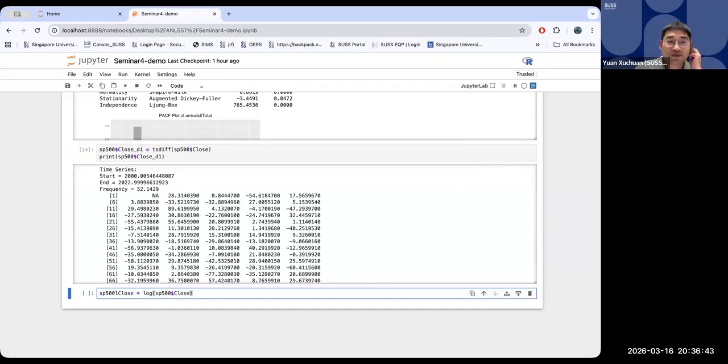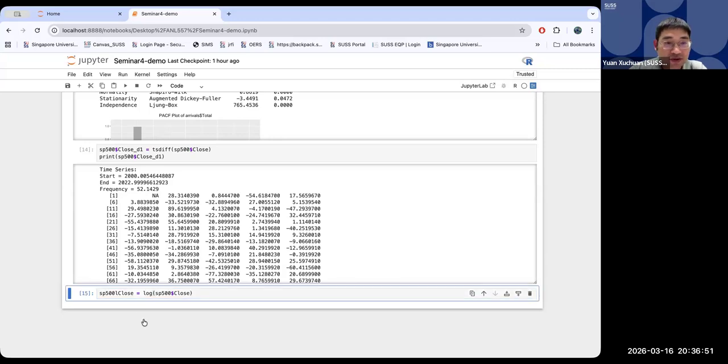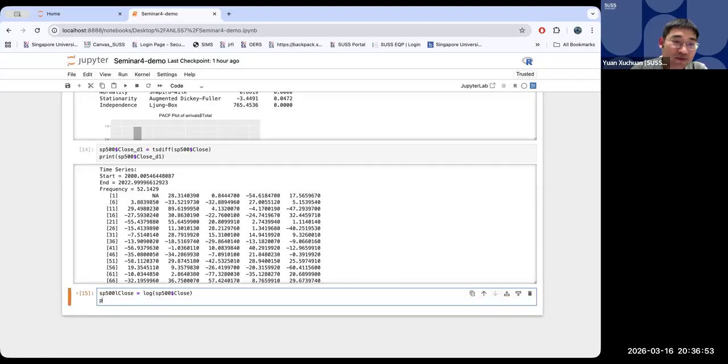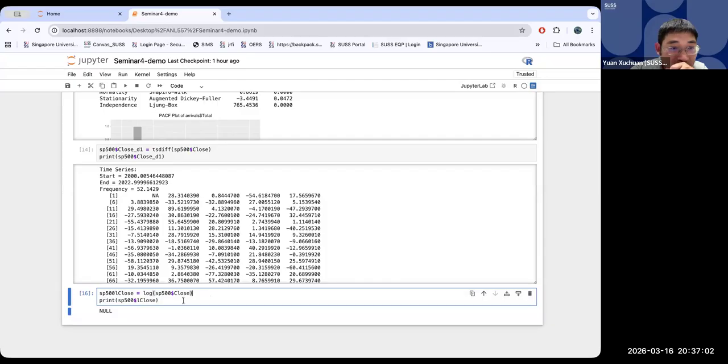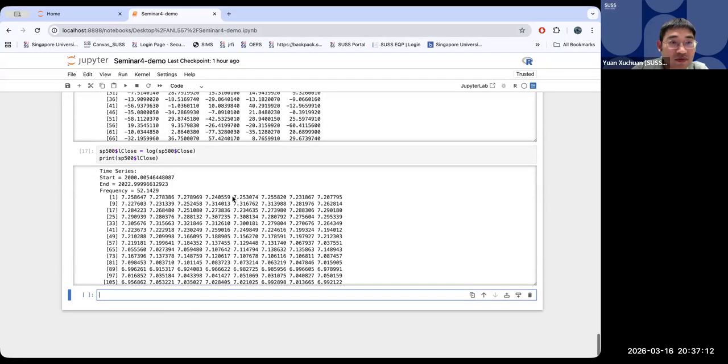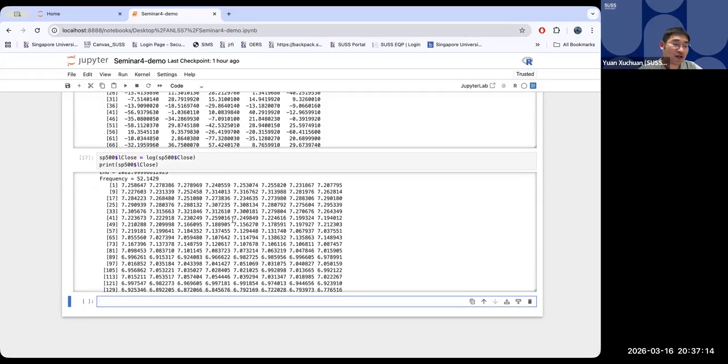Okay, ensure that because all SP500 data are positive, you can take a log of all the data points. Okay, so this is how you take a log.